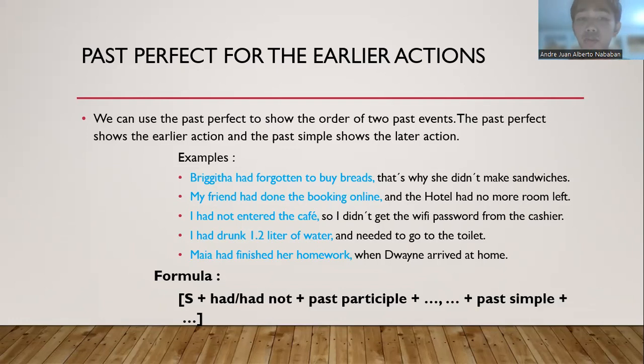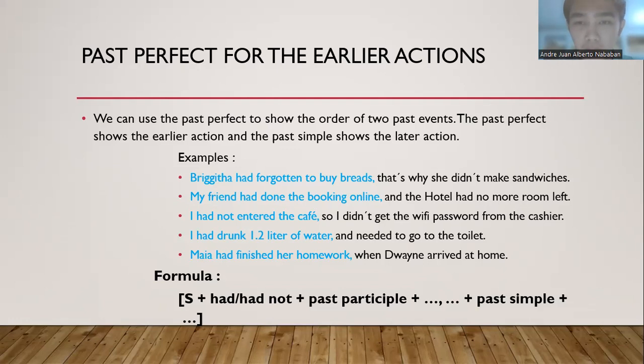So if we combine a past auxiliary verb and a past participle verb, it produces a past perfect tense, like this: Brigitta had forgotten to buy breads. That is past perfect tense.